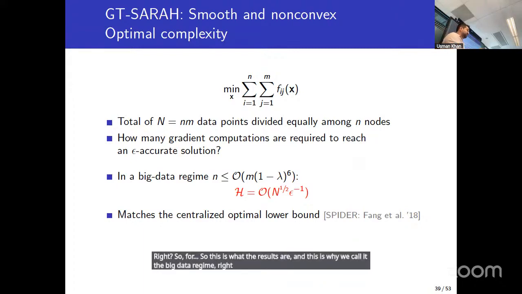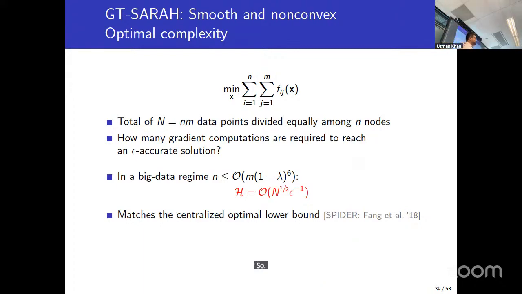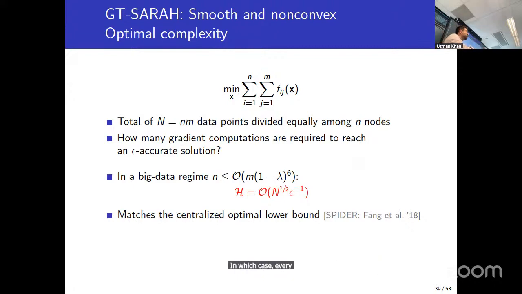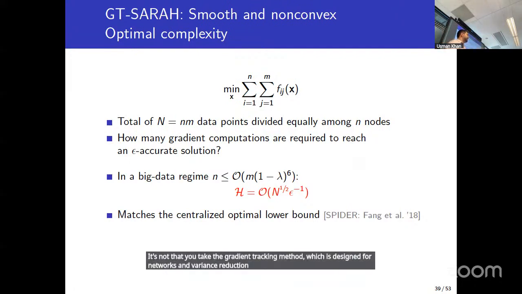So lambda is bad when the network is weakly connected, or it's like a line graph and you have many nodes, in which case every node should have a lot of local data points for this bound to make sense. As I said before, it's not that you take the gradient tracking method, which is designed for networks, and the variance reduction method, which was designed for one node, and just slap them together and things work.